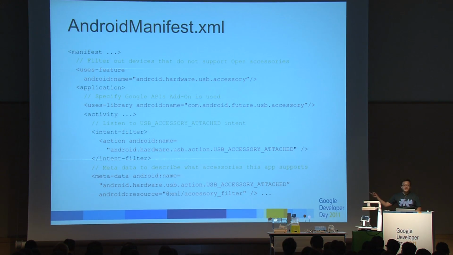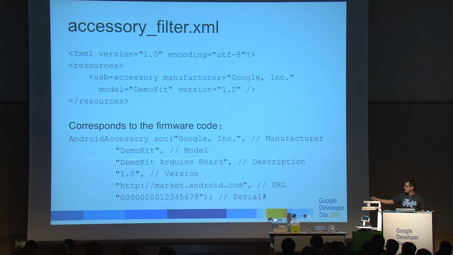There's also a metadata tag you need to specify. The resource is in an XML called accessory_filter. I think you can name it something different. But in the resource XML, you specify what kind of hardware your application actually supports.